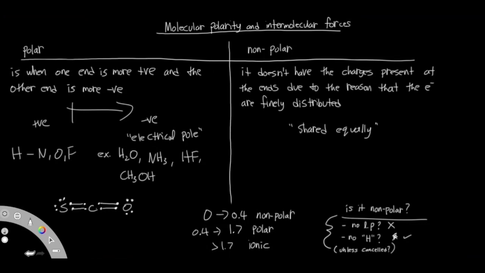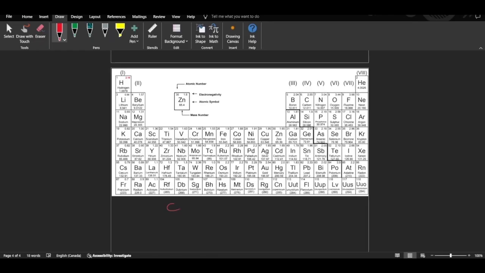Let's have the carbon, the oxygen, and the sulfur in writing. Carbon, sulfur, oxygen. Our carbon here is 2.55. Let's have a look at our oxygen, 3.44. And let's look at our sulfur. It is 2.58.